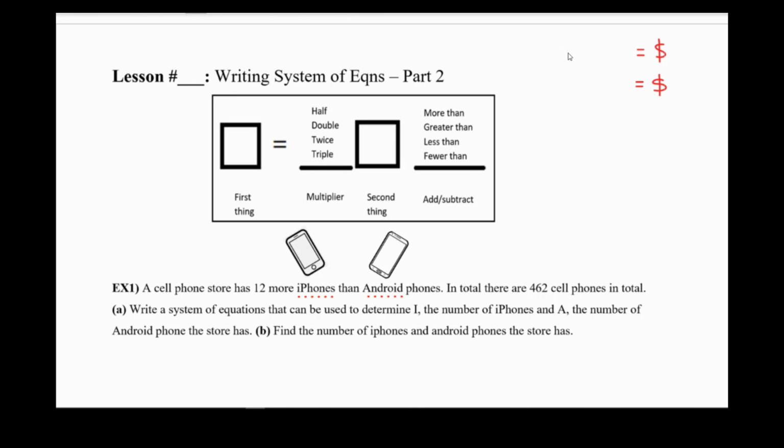For example, I went to a restaurant and I bought 2 tacos plus 3 burritos and I pay $5. Let's say the other day I went to the same restaurant and I bought 3 tacos plus 2 burritos and I pay $6. So this would be two equations which equals total money.